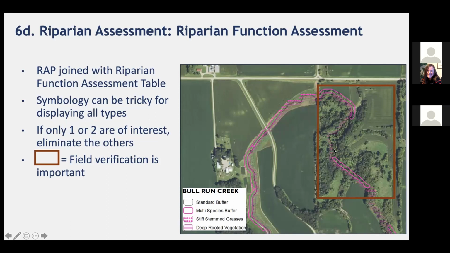Here you can see that there's a polygon that has not been assigned a function, and it's sandwiched between two that have been indicated as multi-species buffers. You can also see that there appears to be forest cover or tree cover here. So really thinking about, is this already a buffer, and what might those opportunities actually be? Again, an important step of field verification.